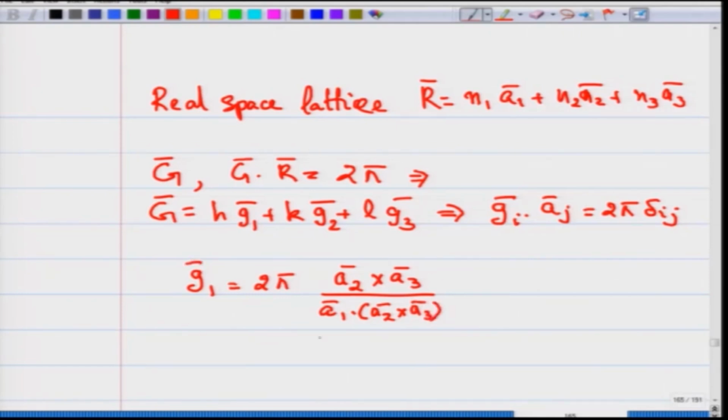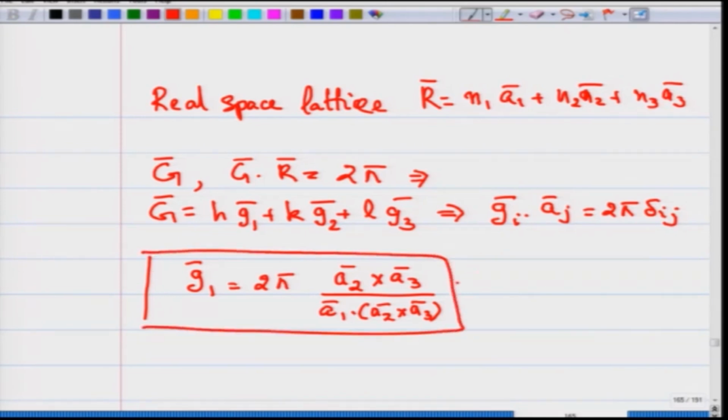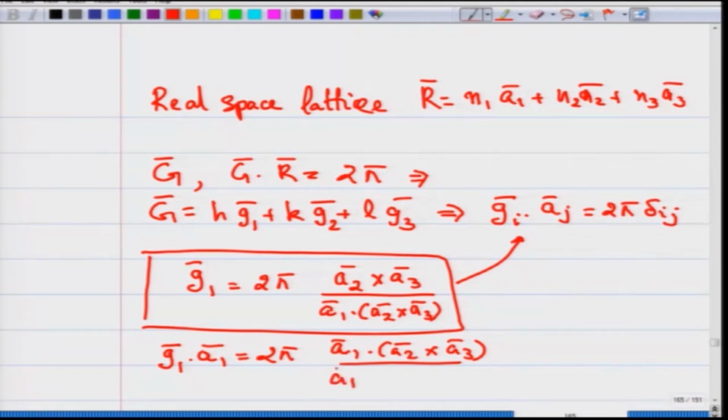One expression which actually satisfies this condition is writing G1 like this, and one can easily check G1 dot A1 is 2 pi A1 dot A2 cross A3 divided by A1 dot A2 cross A3.